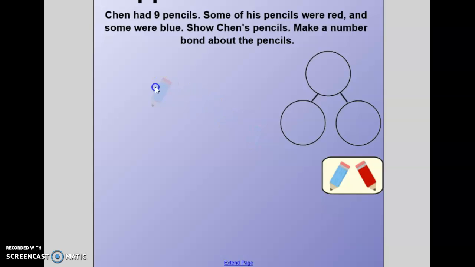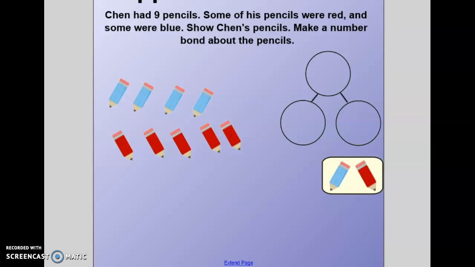But for right now, here's what we'll do. We'll go 1, 2, 3, 4, 5, 6, 7, 8, 9.